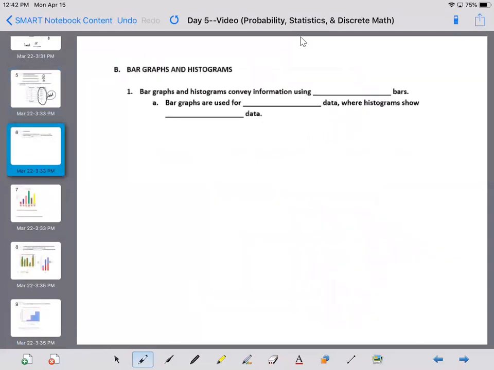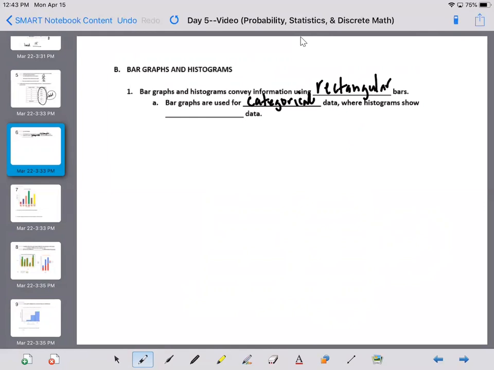We think of bar graphs and histograms. Sometimes they kind of run together, and when you're thinking of the visual of what they look like, you might think, well, they both have columns, okay? But they are different. Bar graphs and histograms convey information using rectangular bars. Bar graphs are used when we're talking about categorical data.